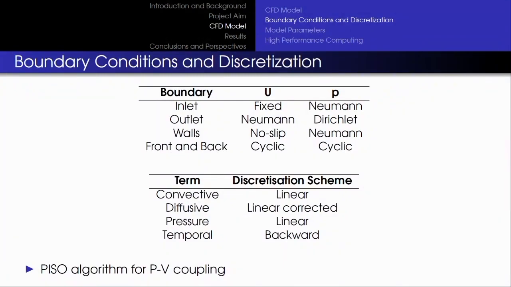We apply the following boundary conditions to the domain. We have cyclic boundary conditions to ensure three-dimensionality, and we use second-order temporal and spatial discretization schemes. We use the PISO algorithm for pressure-velocity coupling for better convergence and due to the transient nature of the simulation.